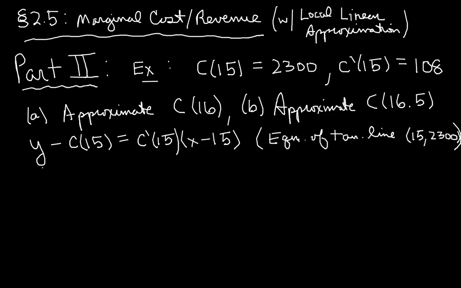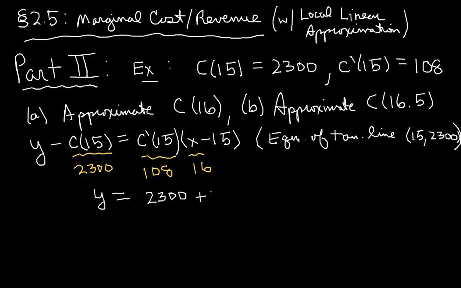So how's this going to work? Well, we know this is 2,300. This here is 108. And now we want to approximate C of 16, so x is going to be 16. We're then going to get y equals 2,300 plus 108 times 16 minus 15.